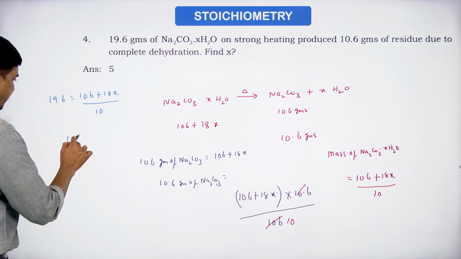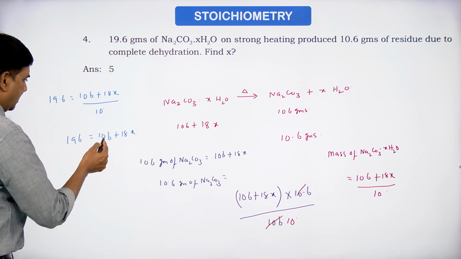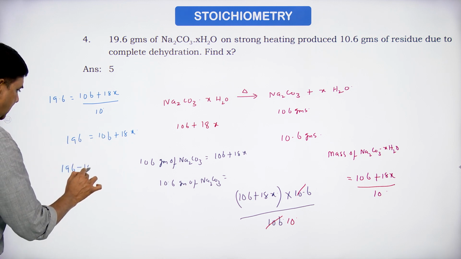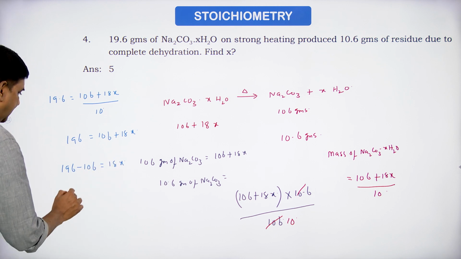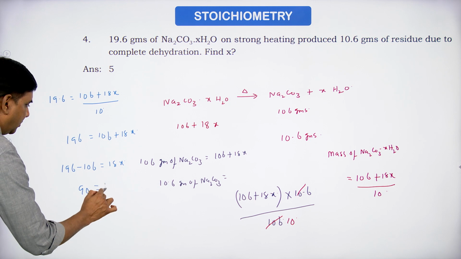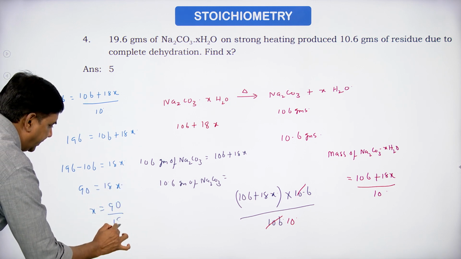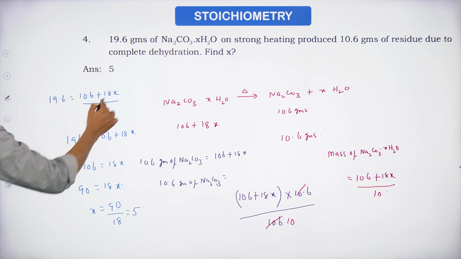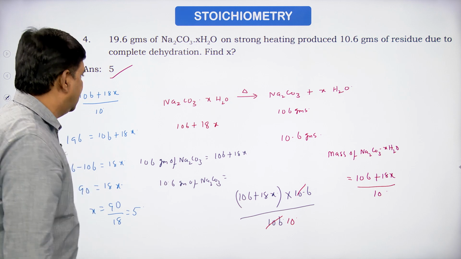This becomes 196 is equal to 106 plus 18x, and so 196 minus 106 is equal to 18x, and this is 90 is equal to 18x. Therefore, x is equal to 90 by 18 is equal to 5. So, the answer is 5, students, and this is how we obtained it. This is the clear solution.